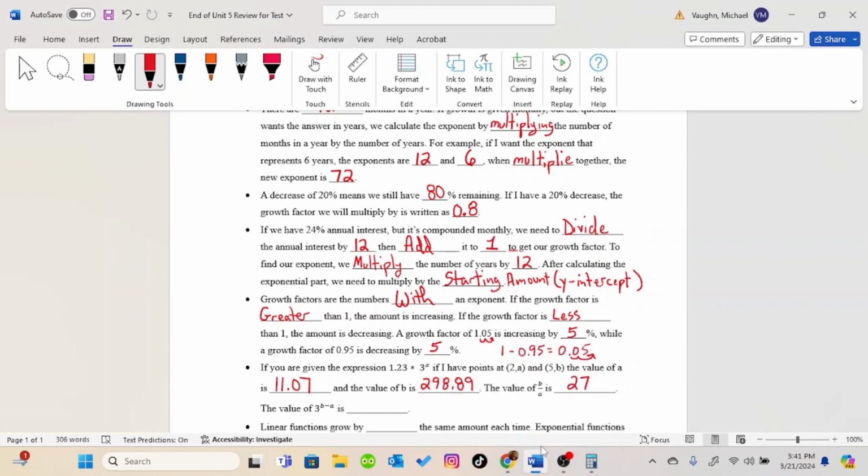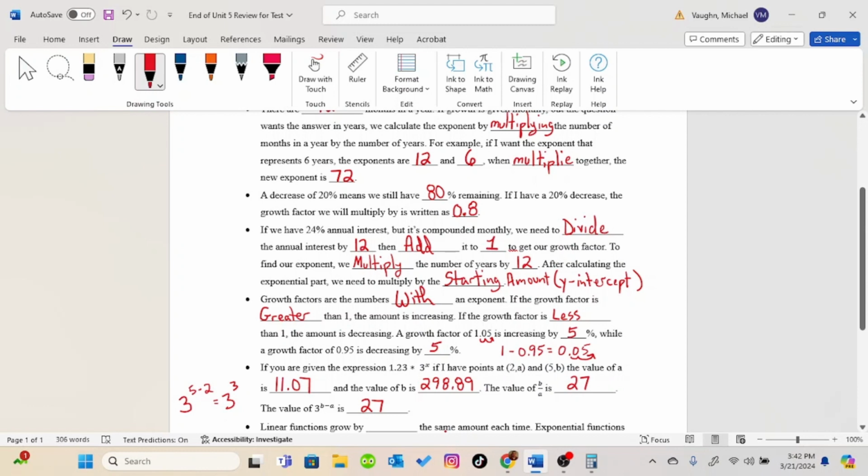But what I want you to notice, if I were to use b minus a, or the x values of b minus a, this would be 3 to the power of 5 minus 2, which equals 3 to the power of 3, which is 27.